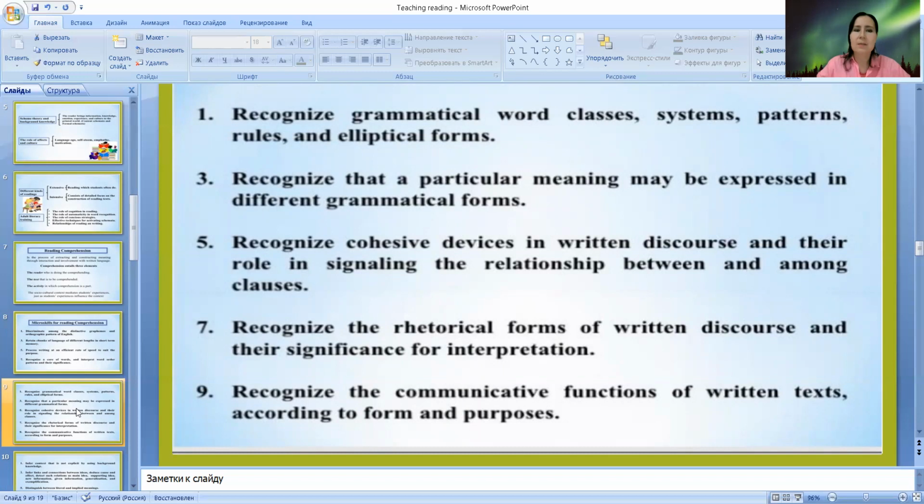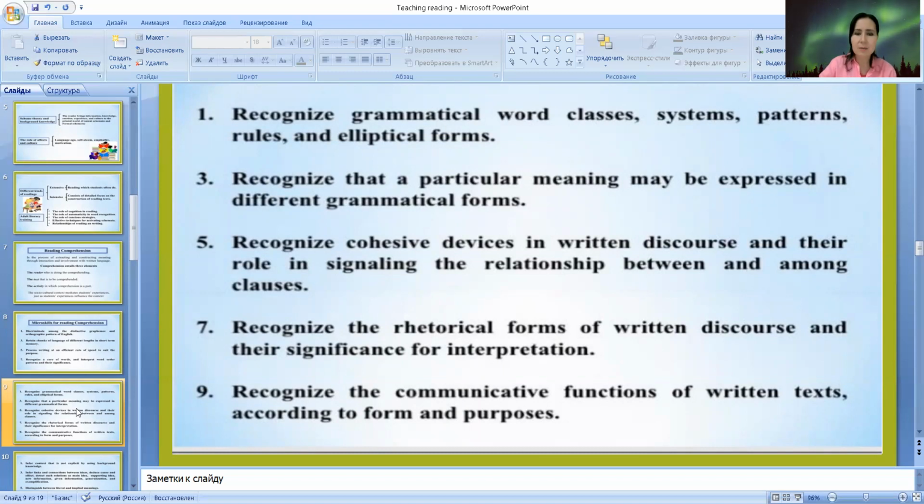Next, recognize that a particular meaning may be expressed in different grammatical forms. Also, we can pay attention to the meaning of the sentence, or to the grammatical structure of the sentence. Next, recognize cohesive devices in written discourse and their role in signaling relationships among clauses.